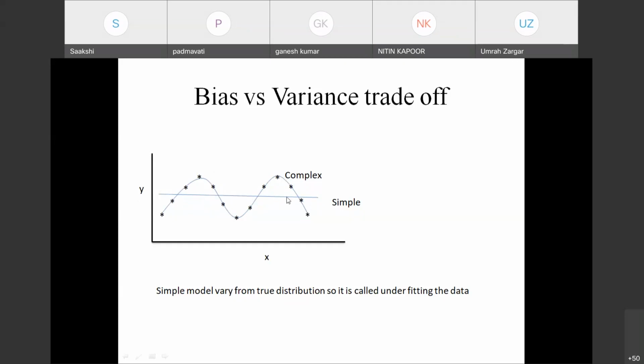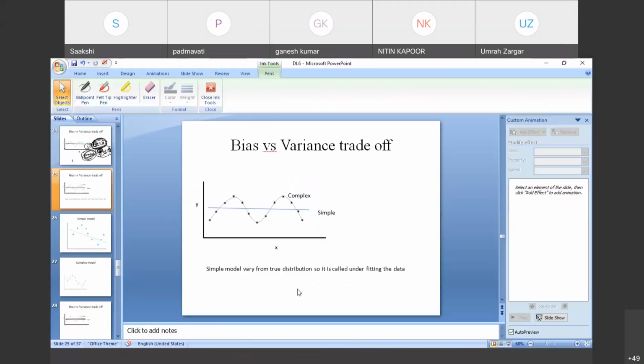When you draw a line like this, look at the average of the loss. For the first data point, the actual y is over here, but based on your model you will get this y.